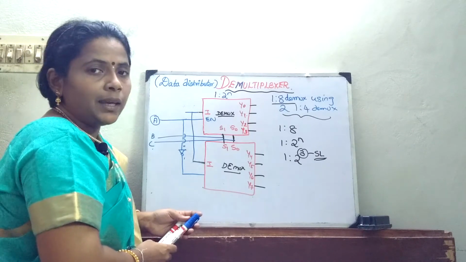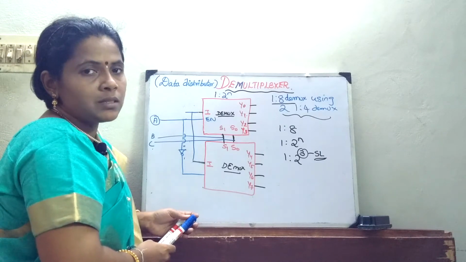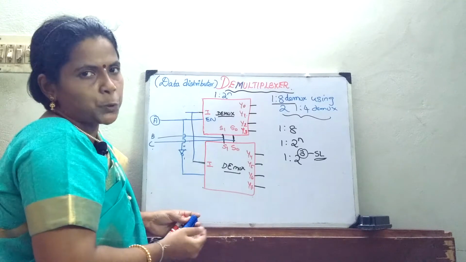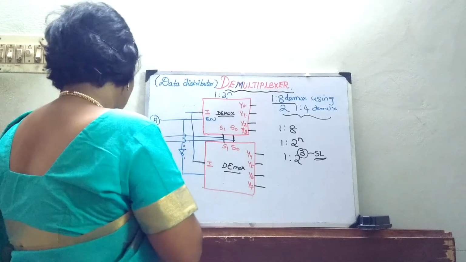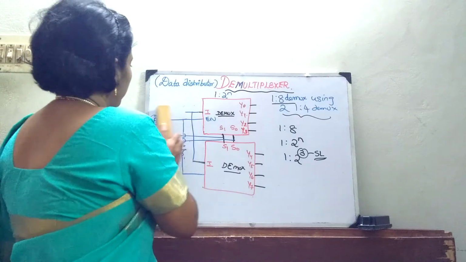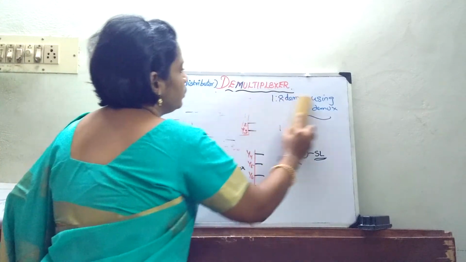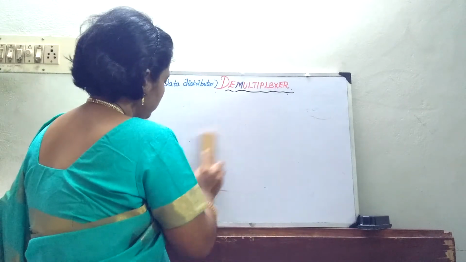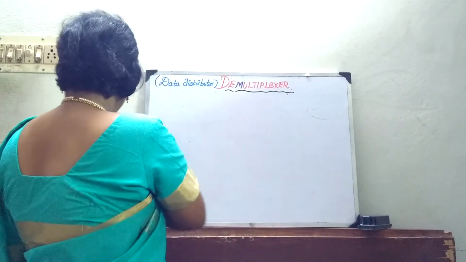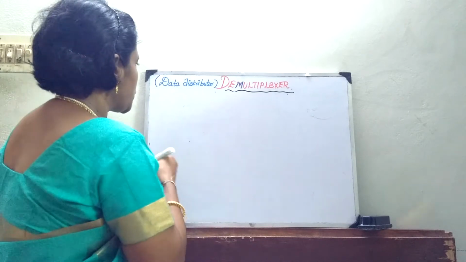Now we will see how to implement the demux for a combinational circuit. So now we will see its implementation process.